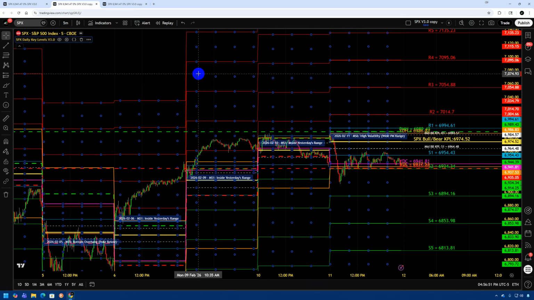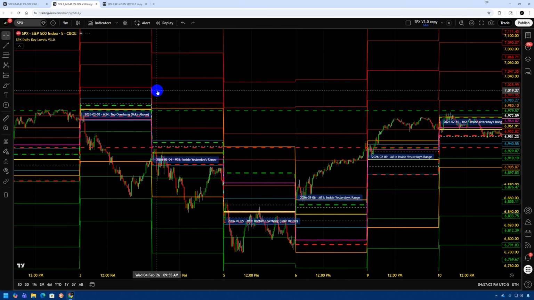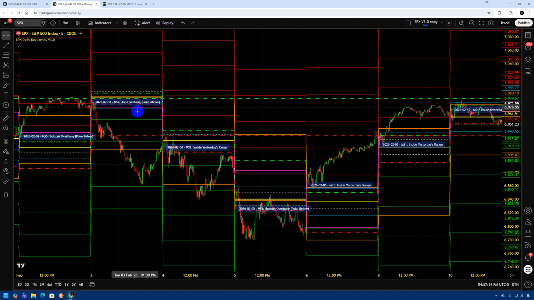Now to get rid of these blue dots, in case you don't already know this, you go into a blank, or in this case a black part of the screen, and you simply left click and they go away. Again, as I said before, you can change the color and text of these market scenario labels if you prefer something different. But here, as you can see, you have the market scenario labels for each session.